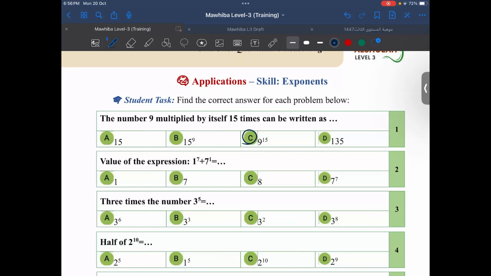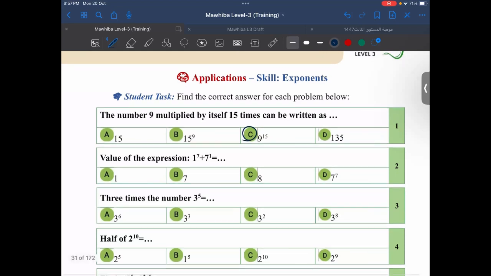Sorry, your voice is cracking a bit. C is the correct answer. How is it C? Because 1 to the power of 7 is 1 multiplied by itself 7 times, which is 1. Yes, exactly. And 7 to the power of 1 is 7. So it's going to be 1 plus 7, and it equals 8.